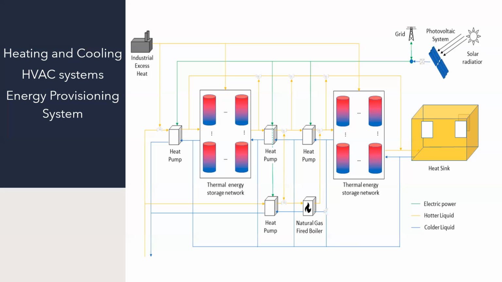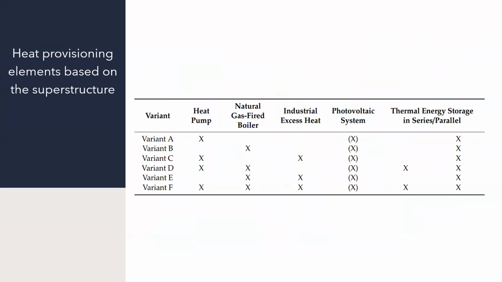In addition, only the most common energy components are included in order not to inflate system complexity. The heating provision elements are based on the superstructure. As you can see in the table, elements marked with X are required for a variant.